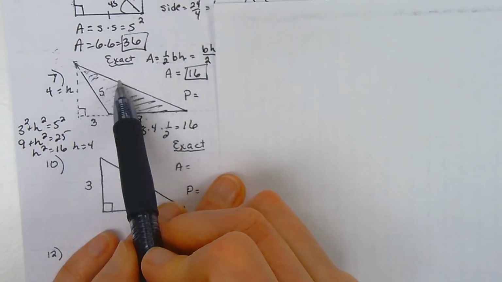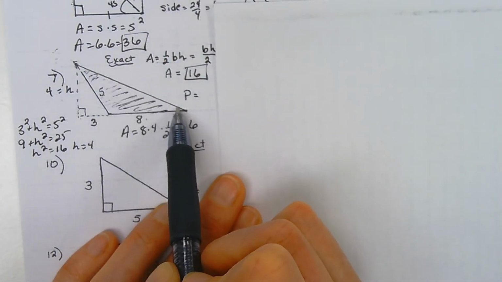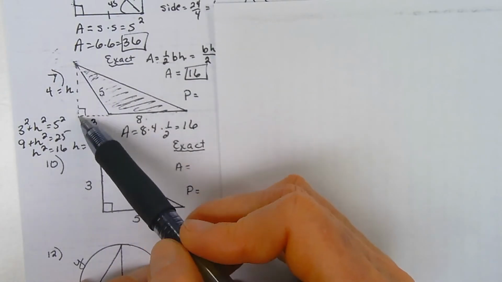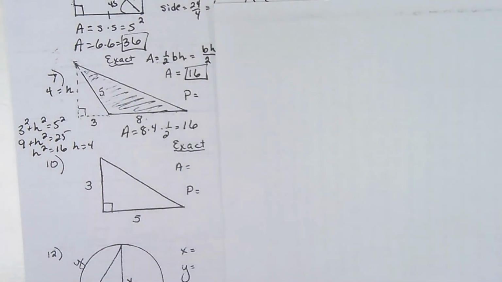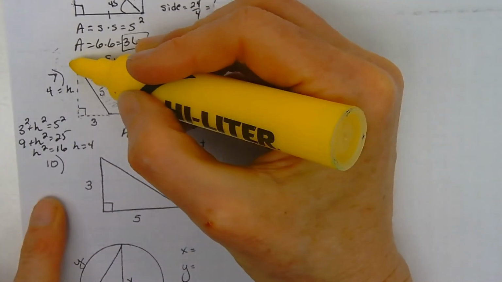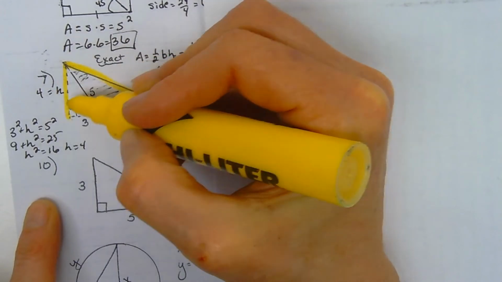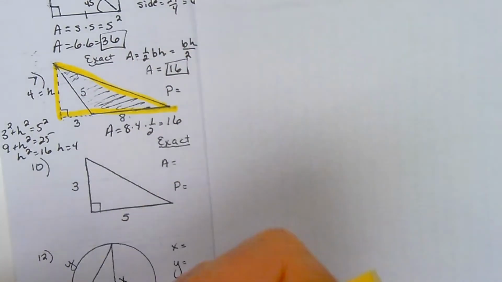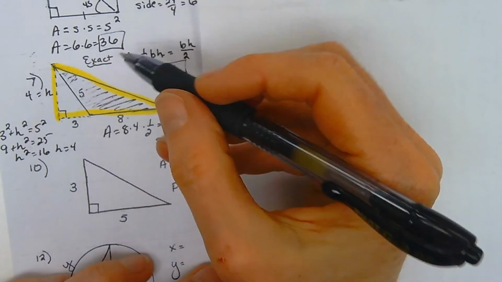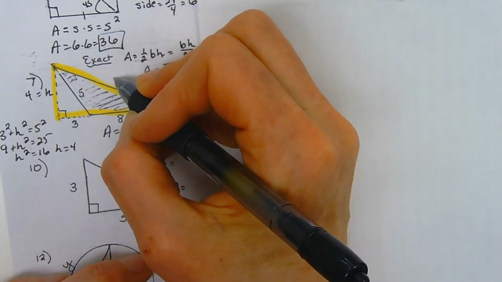This length here could be considered the hypotenuse for this big triangle right here. I'm going to highlight that. This side right here is the hypotenuse for this triangle. So I can find the length of this side. Let's call it A.